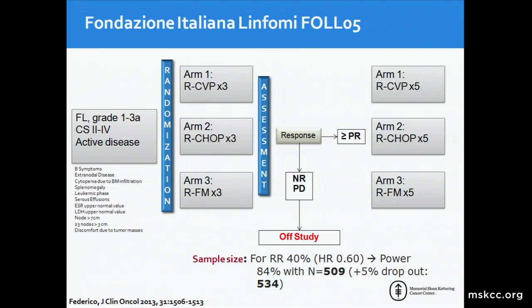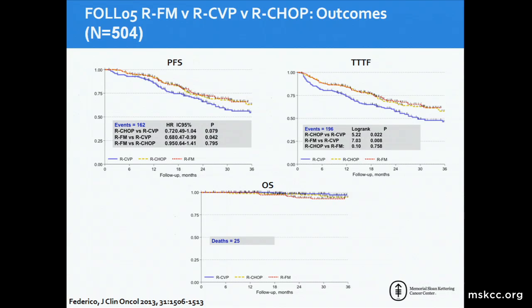So we have a number of randomized trials. The FOL5 trial is an Italian lymphoma study group trial comparing RCVP to R-CHOP to RFM. Here are the results. And the blue curve here is RCVP. So inferior in progression-free survival, inferior in time to treatment failure, but absolutely no different in overall survival.